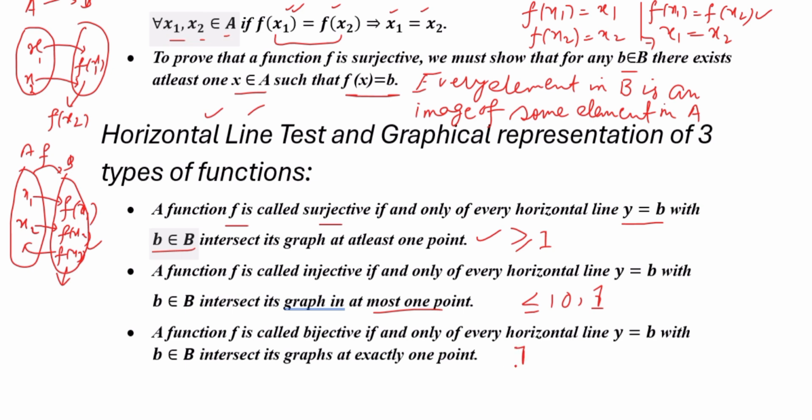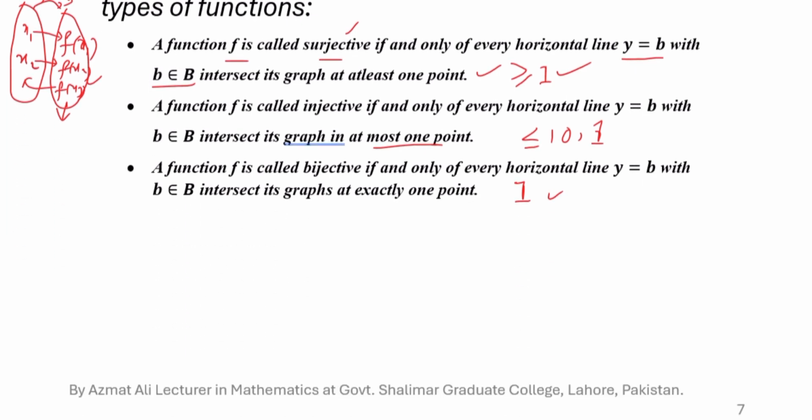So in case of surjection, the horizontal line will cut the graph at least one point, greater than or equal to 1. In case of injection, the horizontal line should cut the graph at most one point. And in case of bijectiveness, the horizontal line should cut the graph exactly at one point. We discuss all of these three types by using graphs.